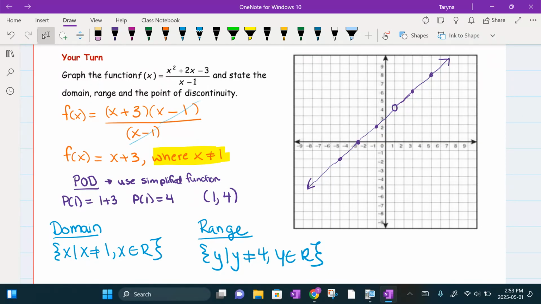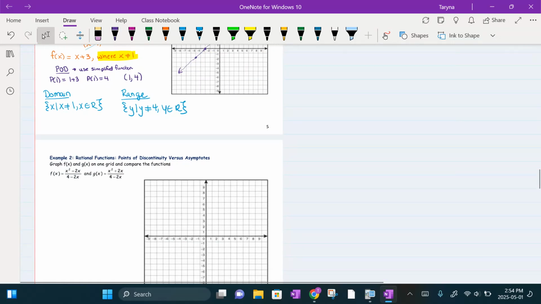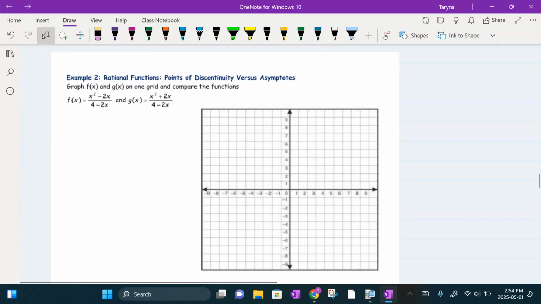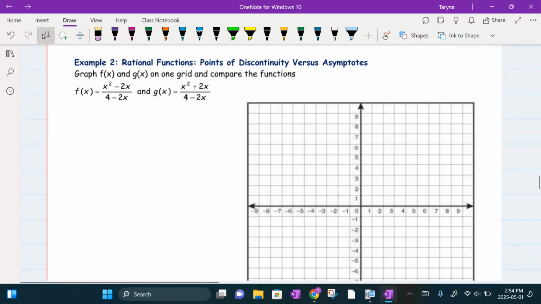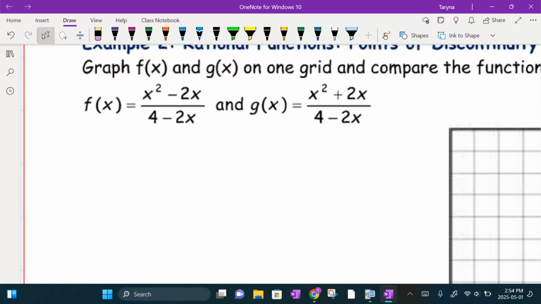Okay. So any questions, guys, with any of that? So far, so good? Okay, so just keep going. What I want you guys to do with these ones, again, before you start, is look at this before you touch your calculator. I'd want you to know: is it bigger on top?